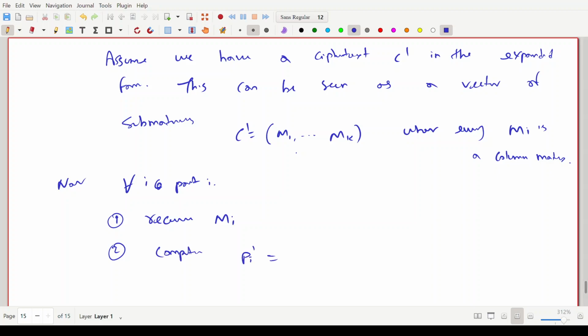What is Pi dash? This Mi is multiplied with his secret key, and he is actually decrypting it with his secret key, W dash, where W dash is a vector having everything 0, and the last term is q by 2.